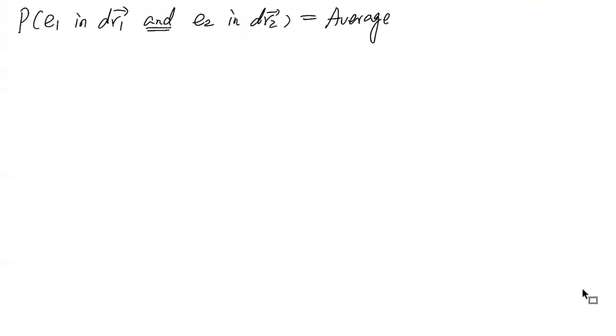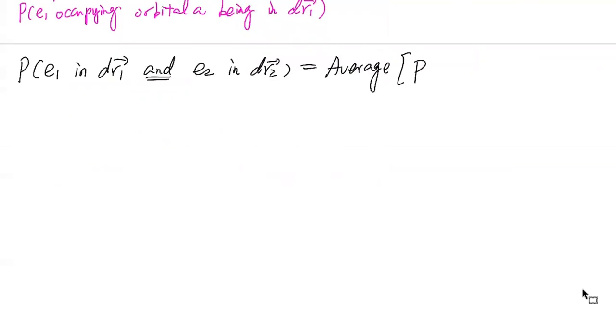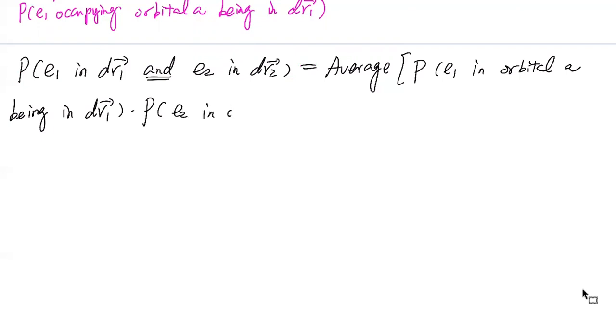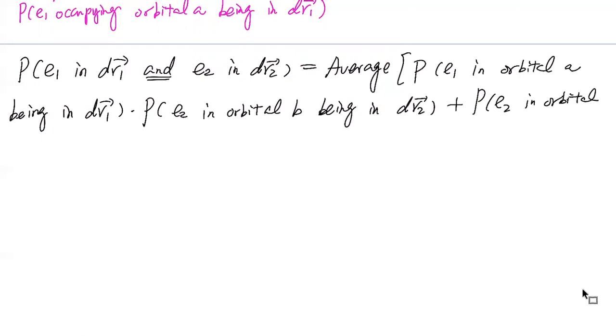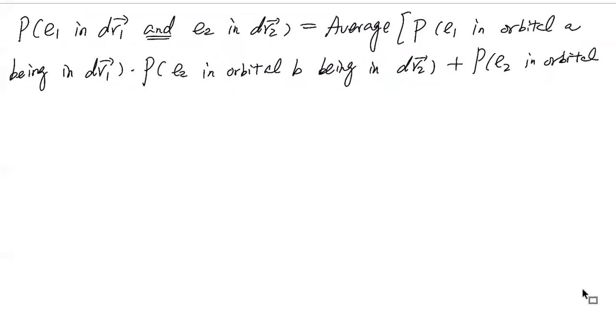That is the average of the probability of E1 in orbital A being in dr1 times the probability of electron 2 in orbital B being in dr2, plus the probability of electron 2 in orbital A. Now you're exchanging the label for the electrons, right?